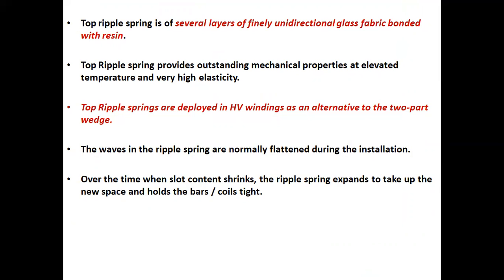Top ripple spring provides outstanding mechanical properties at elevated temperature and very high elasticity. Top ripple springs are deployed in high voltage windings as an alternative to the two-part wedge.